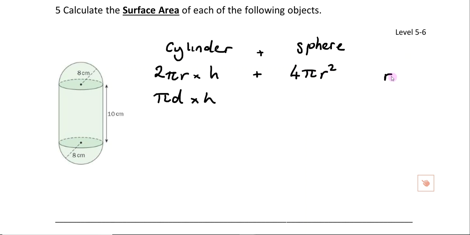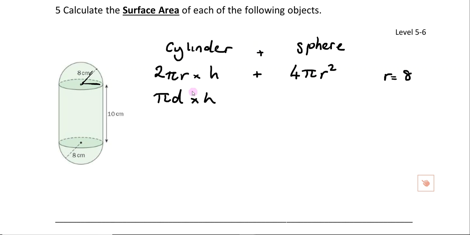What's r? 8. Says it there. It's made it awkward because they didn't want to make it too easy and say it's the same as on the cylinder. They've tried to make it harder by making it go up instead of along. But you need to realise that the radius of the sphere is the same as the radius of the cylinder because it fits on top, just like in those videos we got.